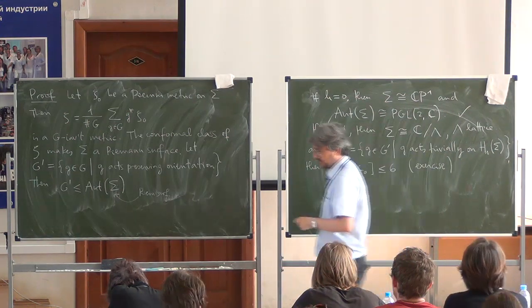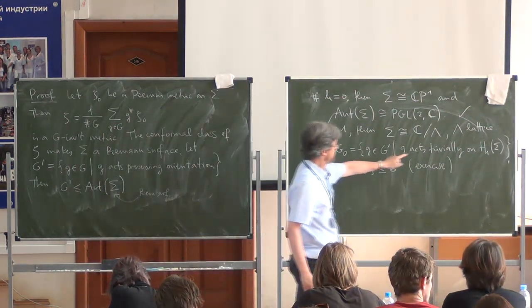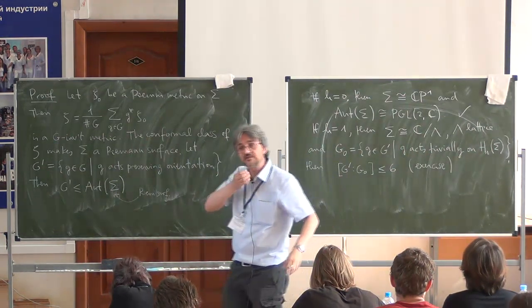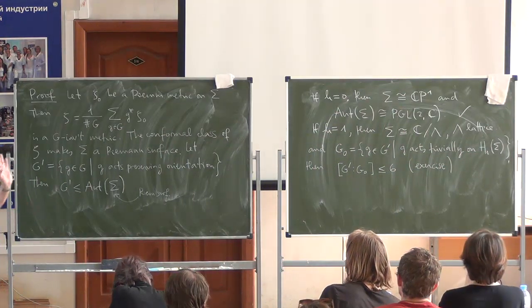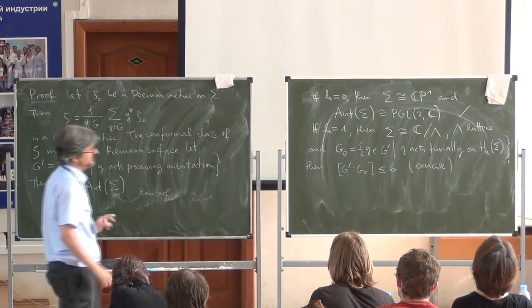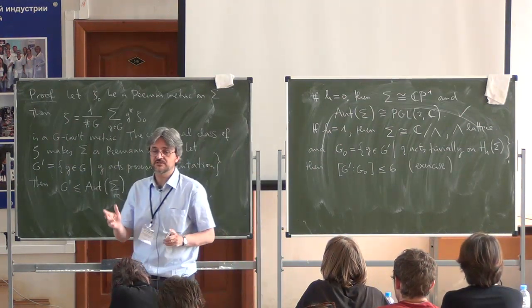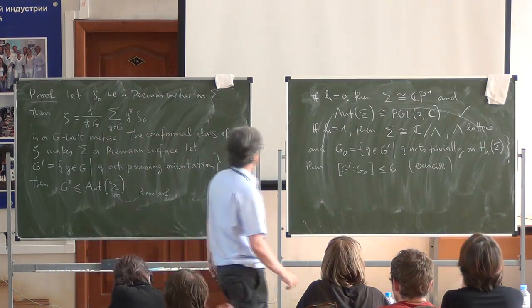So the thing is that in general, if you consider the action of the group G prime on H1 of sigma, this gives a morphism from G to SL2Z. Okay, and you have to prove that if you have a finite subgroup of SL2Z, then it has at most 6 elements. This is the exercise.